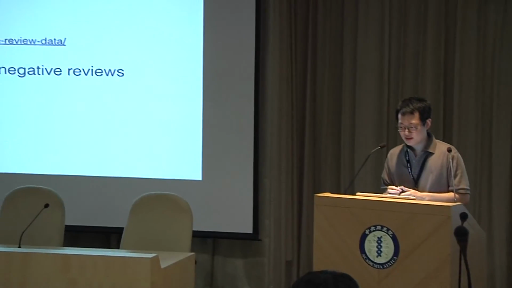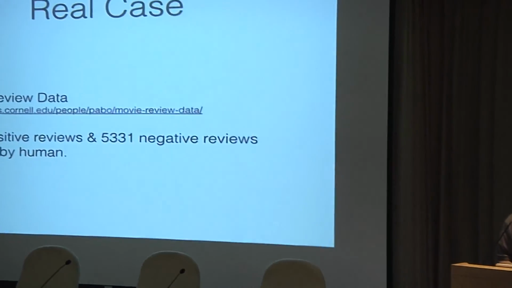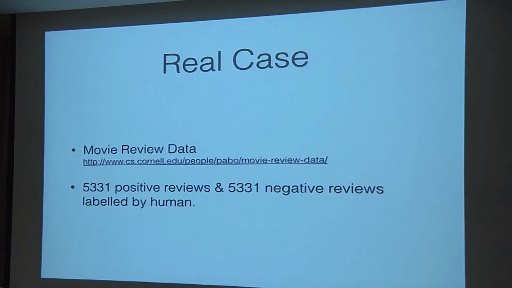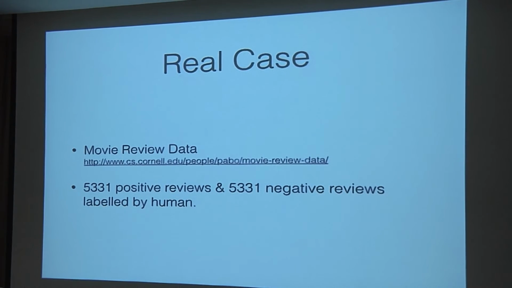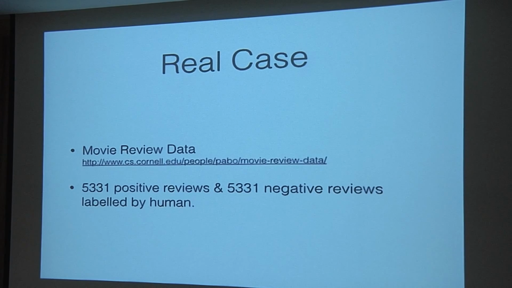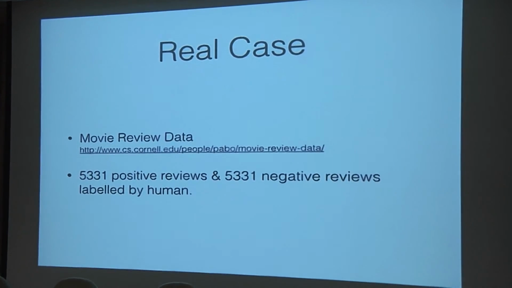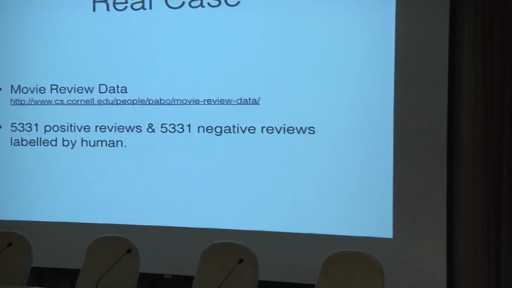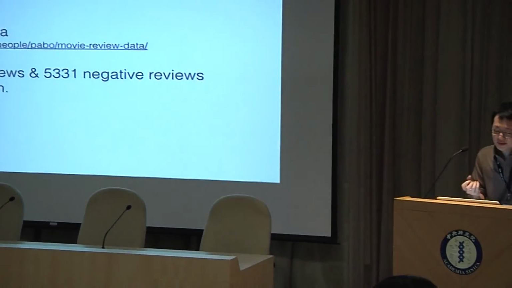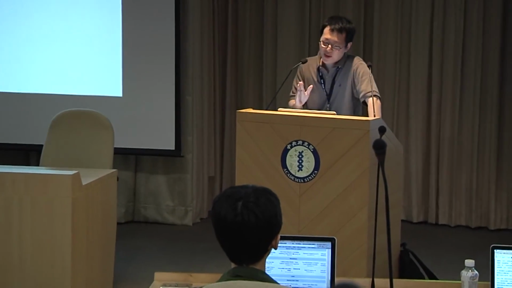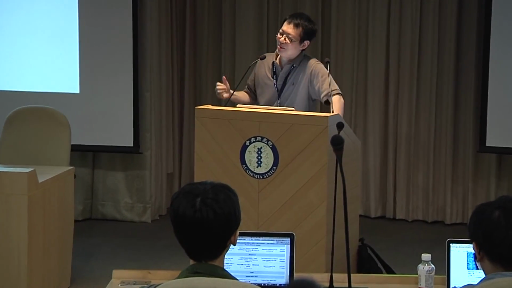We still have some time, so let me show you a real case. This case is about movie review data. If you are interested, you can follow this link and download the data. The data provides about 5,000 positive reviews and 5,000 negative reviews. Whether each review is positive or negative is labeled by humans.